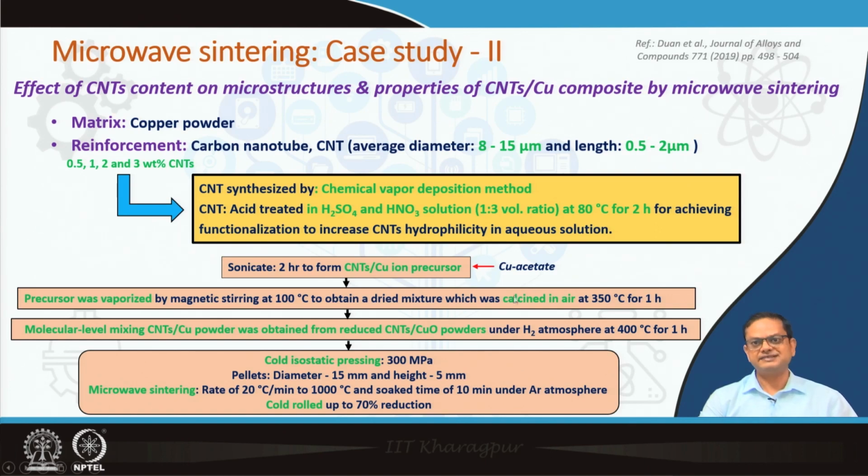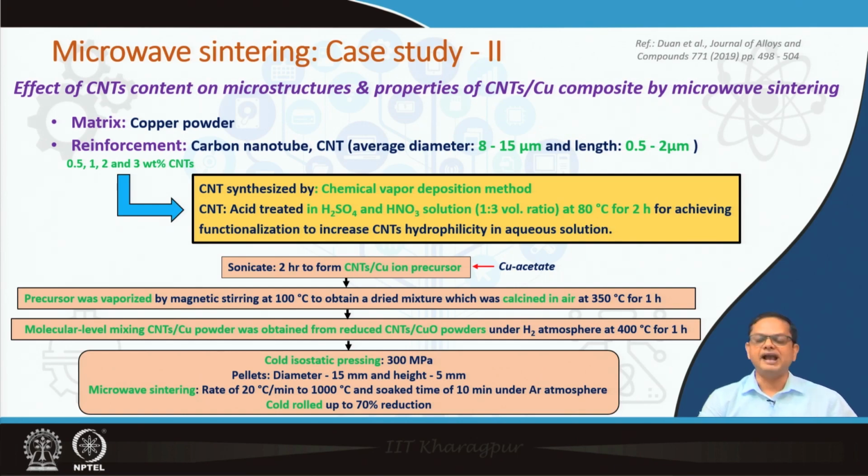So, once it is calcined in air, you have a mixture of copper oxide and CNT, and as you can see here, a molecular level mixing CNT copper powder was obtained after reducing the CNT CuO powder mixture in hydrogen atmosphere. So, once you get the CNT CuO powder mixture, it will be subjected to reduction in hydrogen atmosphere, and that would lead to a molecular level mixing of CNT Cu particles.